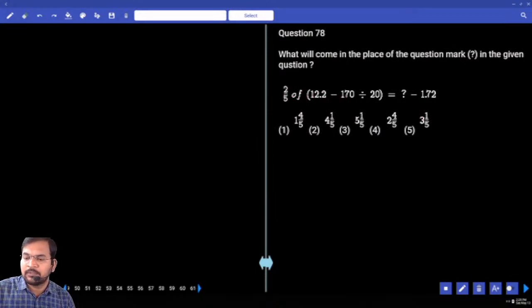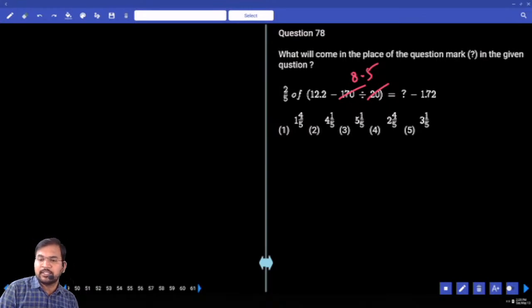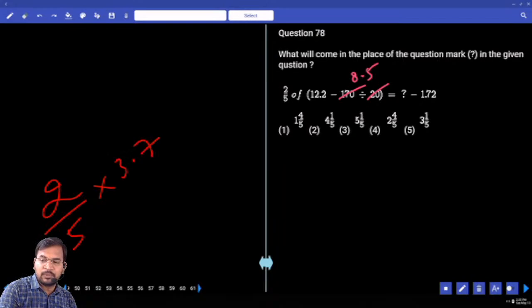So now here 170 by 20. 8.5, na? 12.2 minus 8.2. 3.7. 3.2 by 5 of 3.7 is equal to x minus 1.72.